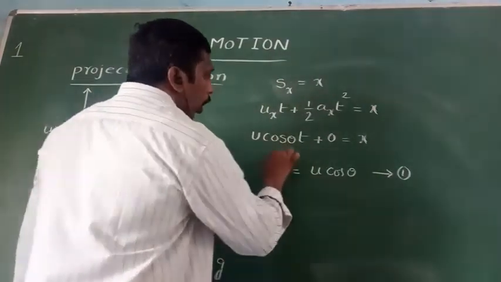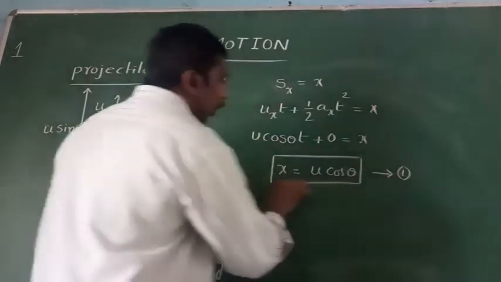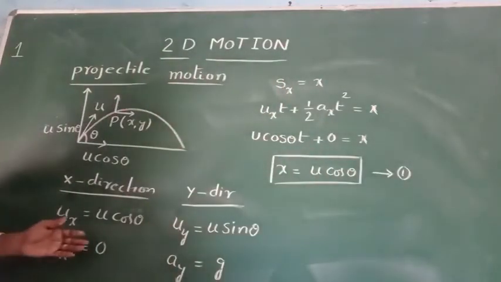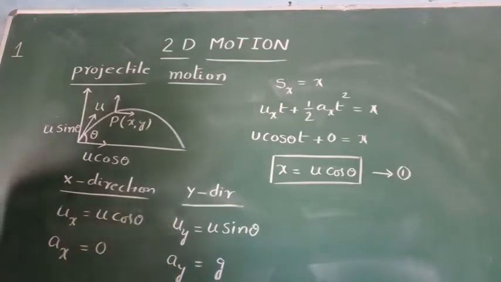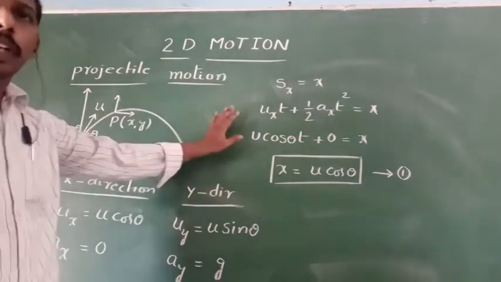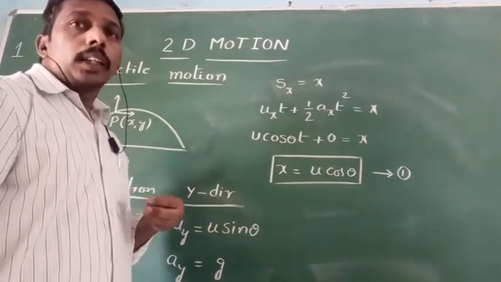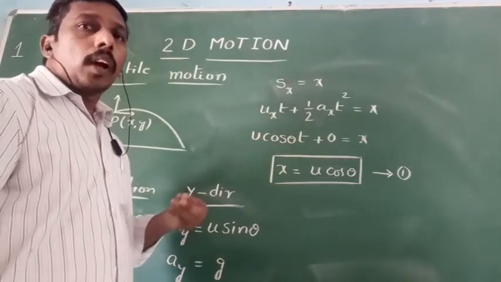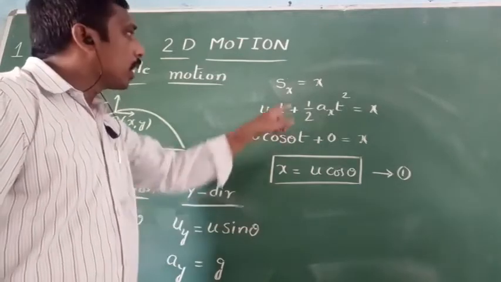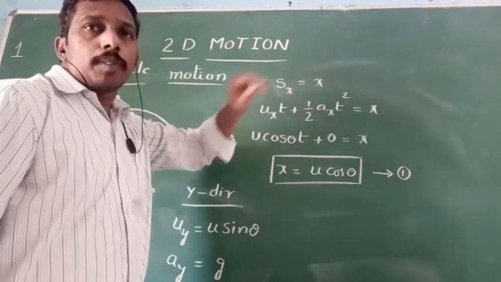In projectile motion, we write physical quantities along the x-axis and y-axis. First we calculate the displacement along the x-axis. I am assuming the distance traveled by the body along the x direction in t seconds, Sx, is x meters.